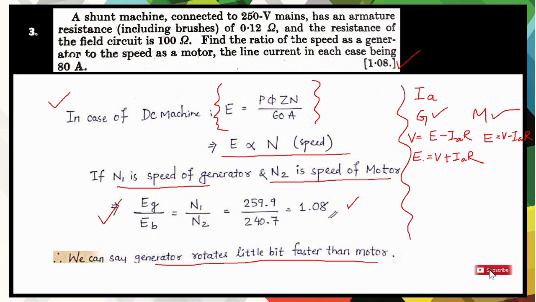Then we took this as EG and this as EB. Then we took the ratio EG divided by EB, which is nothing but N1 by N2, because E is proportional to N. This is how we calculate the ratio of speeds of the two machines, the DC generator and motor.